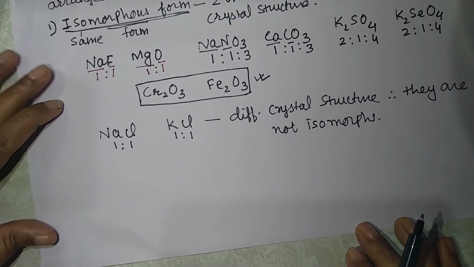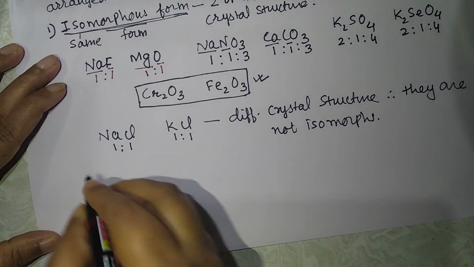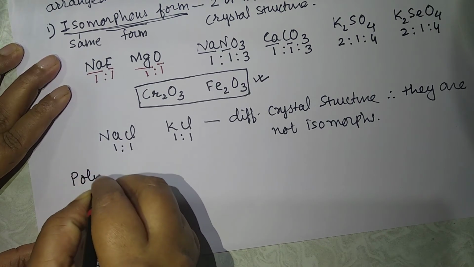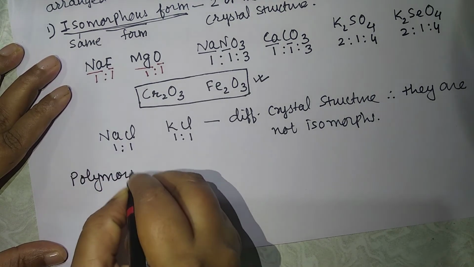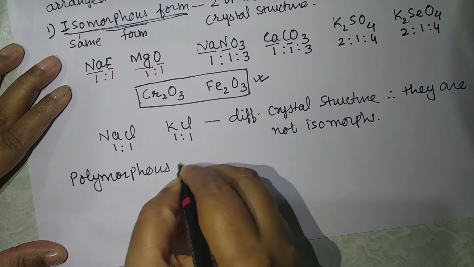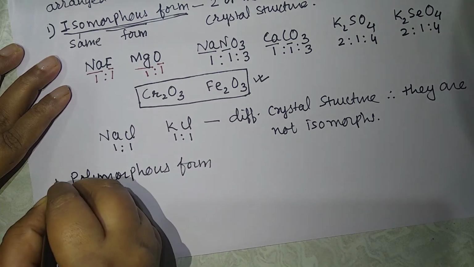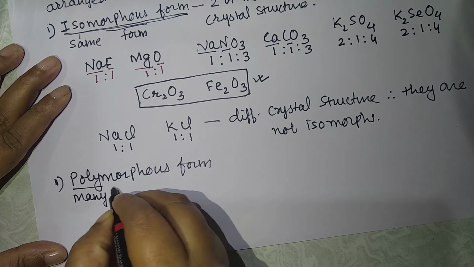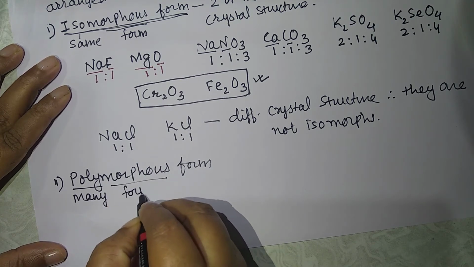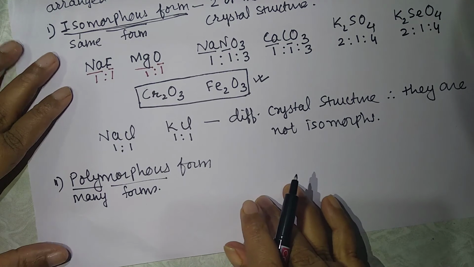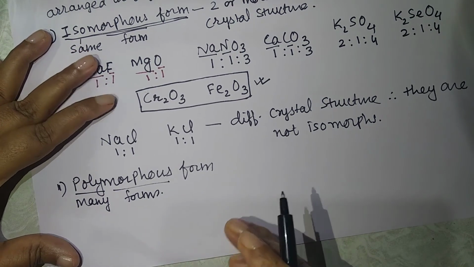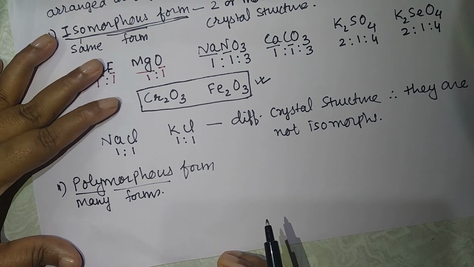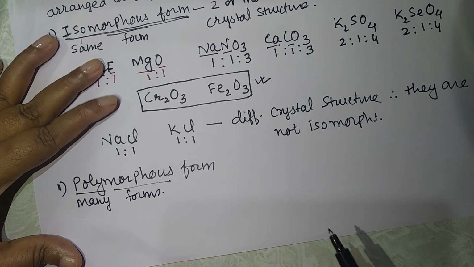The second form of crystalline solid is polymorphous. Now, what is the meaning of poly? Poly means many. Morphous means forms. So the definition: a single substance that crystallizes in two or more than two forms.